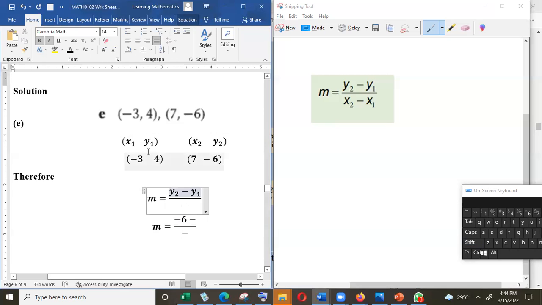Where's y1? y1 is 4, over x2. x2 is 7, minus x1. x1 is -3. Very calmly do this, very carefully.